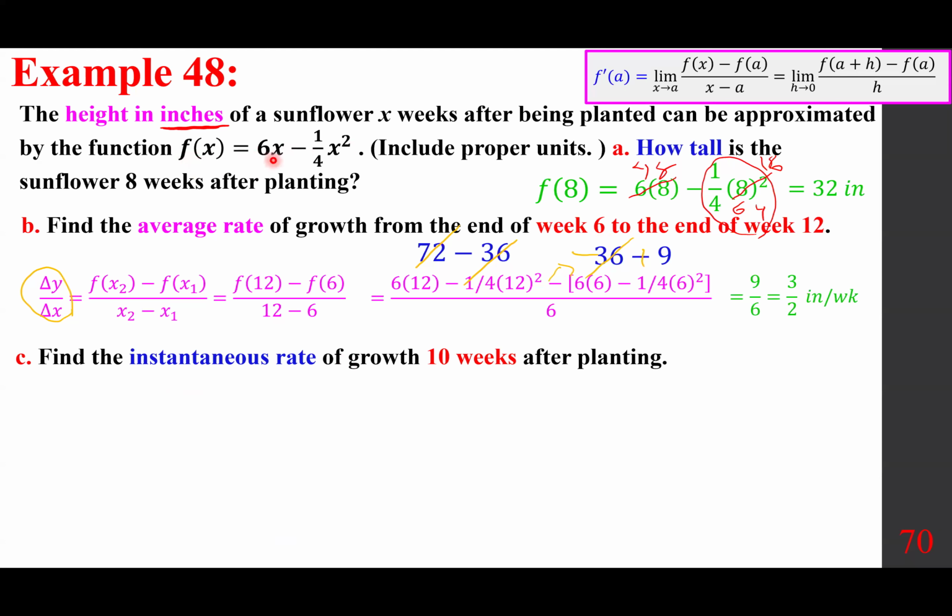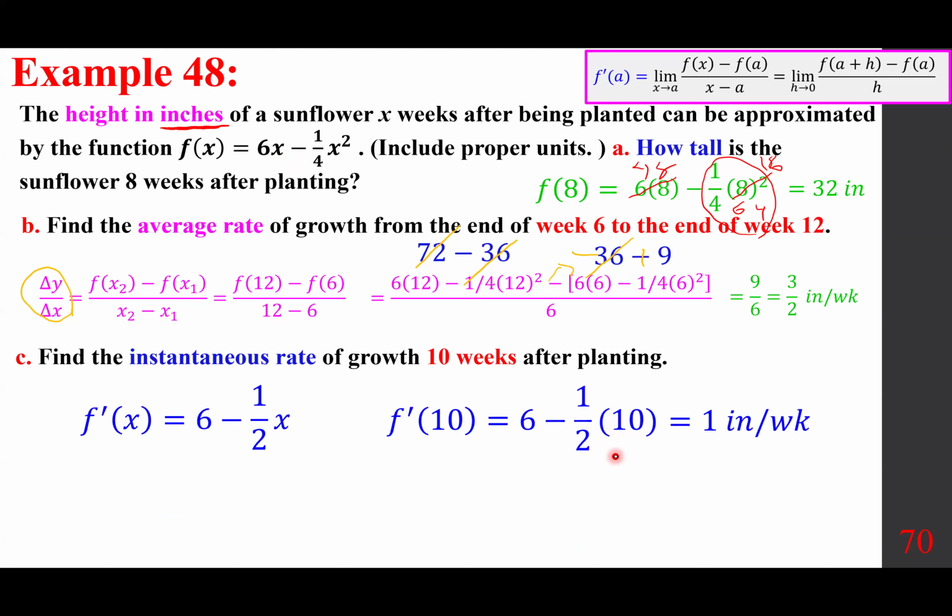We write f prime of x equals 6 minus 1/4 times 2 becomes half of x. So minus 1/2 x. And because they said 10 weeks, you are going to plug in x equals 10. Obviously, this half of it is 5. 6 minus that is 1 inch per week.